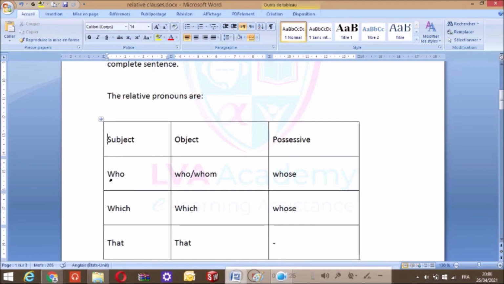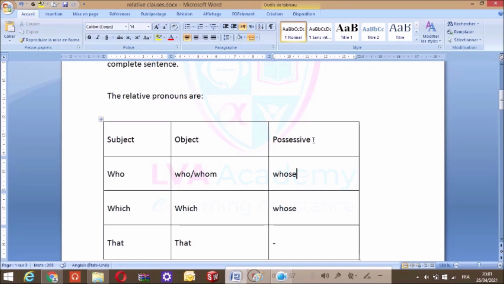First, we have who, then we have which, and we have that. Now, if we are referring to the object, we can use who or whom, which, and that.